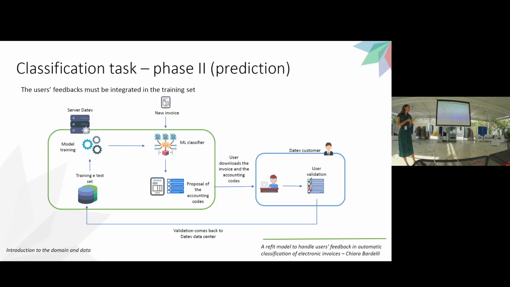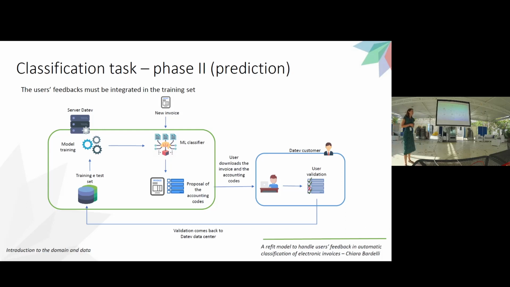The classifier proposes some codes, and these codes are validated by the officer. The officer sees the codes and decides if these codes are correct or not. But this process obviously is restricted to a small subset of the invoices, because we cannot ask the officers to check all of them.